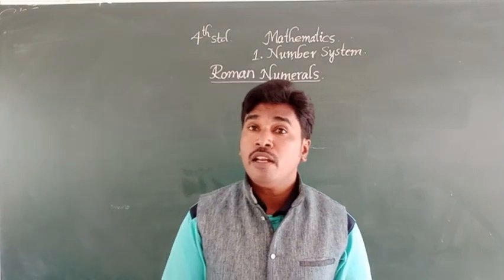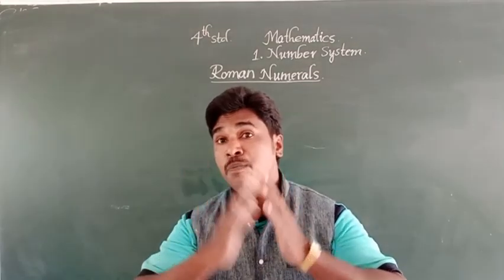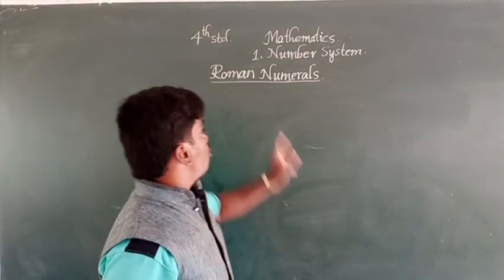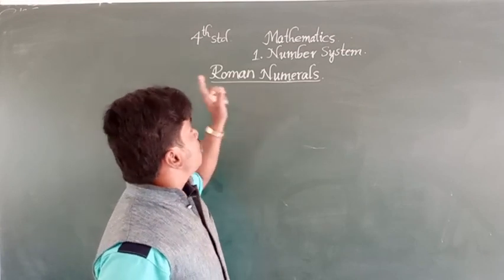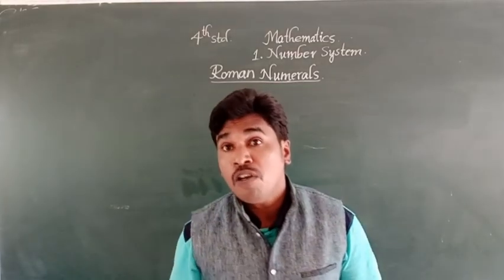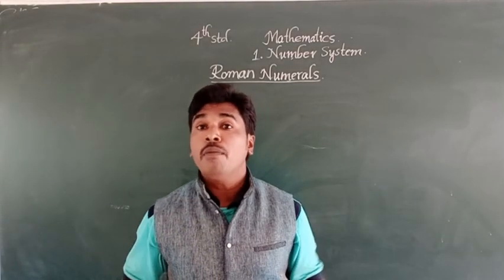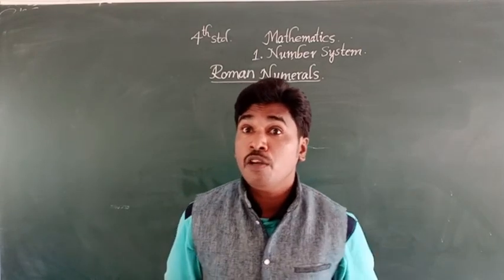So dear children, in this period I am going to explain the last part of this chapter. It is Roman numerals. Before starting the topic Roman numerals, first I would like to introduce our numbers. Daily we are using numbers. Which numbers are we using?